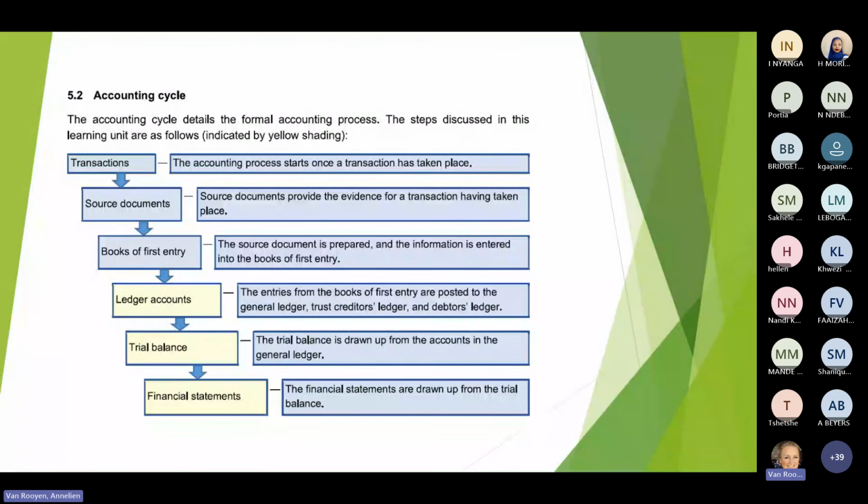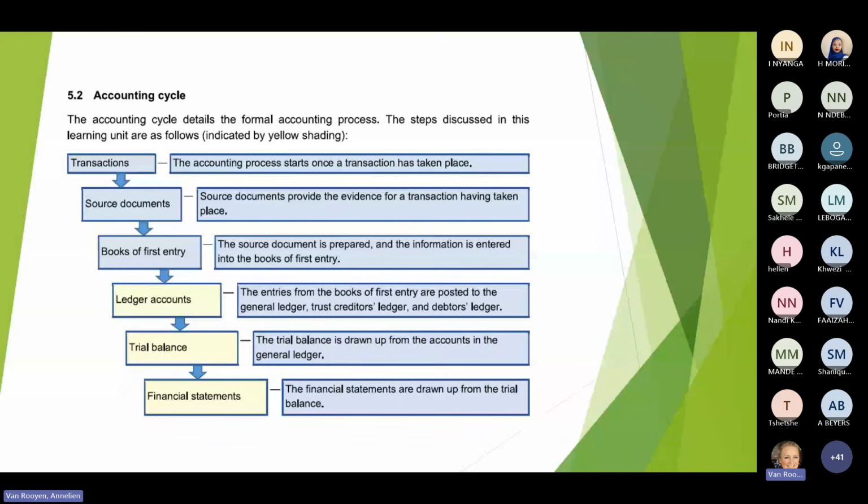That you take to your bookkeeper, and that person will then record it in the books of first entry. And that we did last time. That is your cash receipts, cash payments journal, also your trust cash payments and receipts journal, your general ledger, etc.